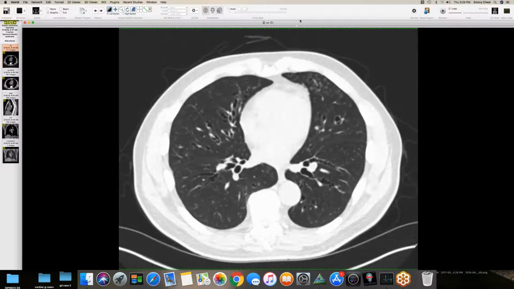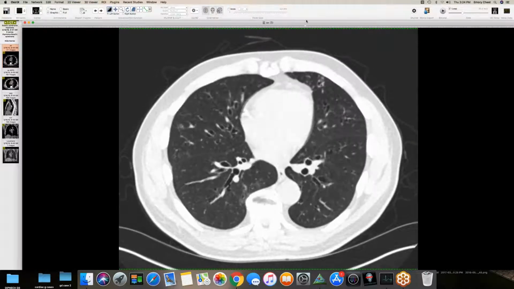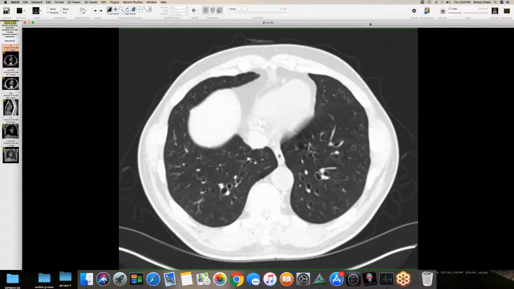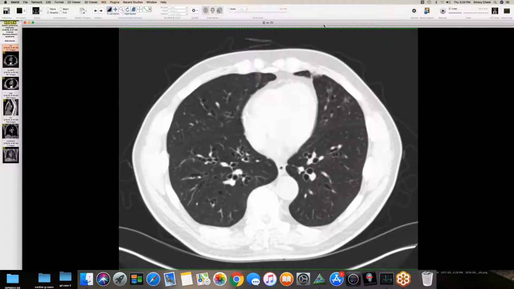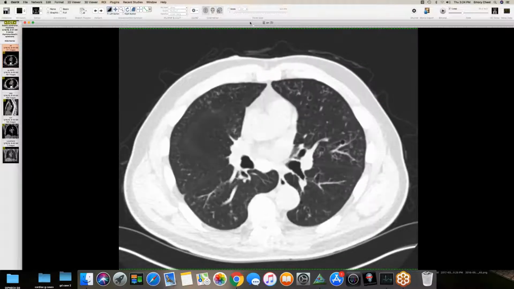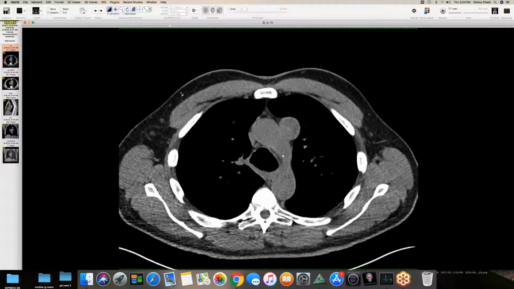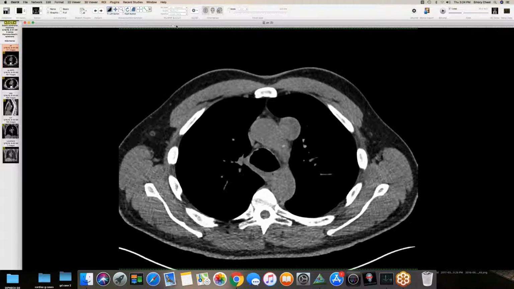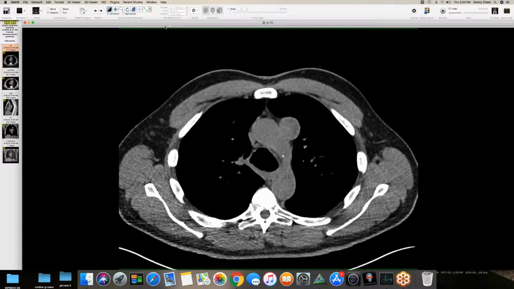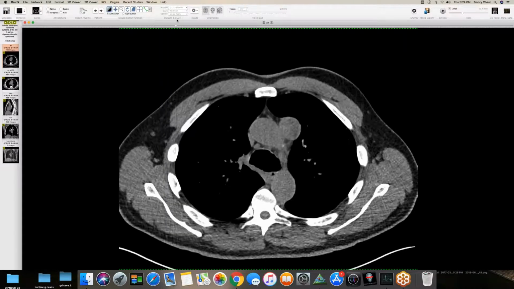Coming down, you can see multiple tree-in-bud nodules, a sort of diffuse bronchiolitis pattern. But also, as I'm scrolling through, I'll switch to the soft tissue windows here, there is a mass in the mediastinum, an anterior mediastinal mass.